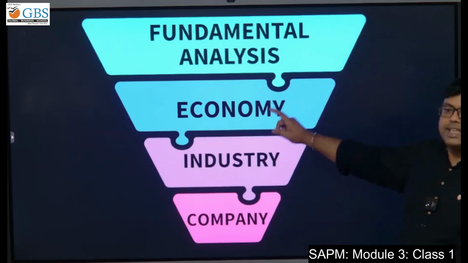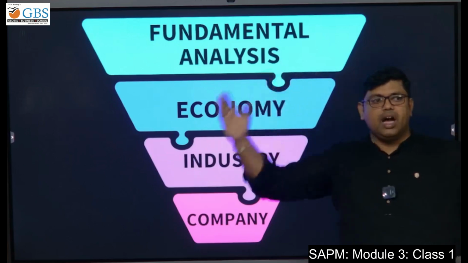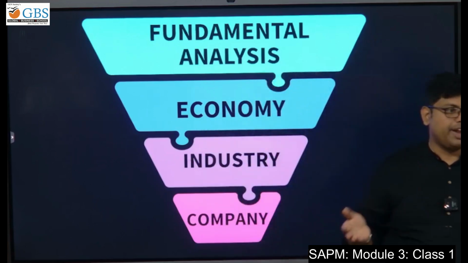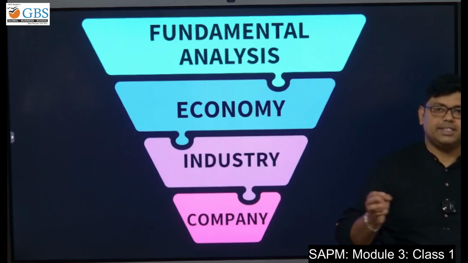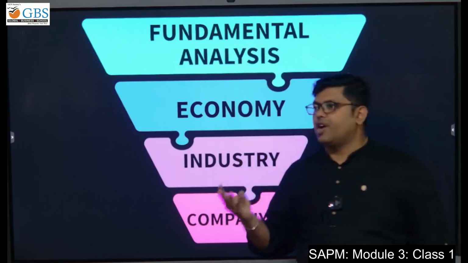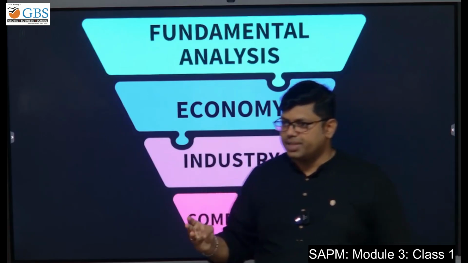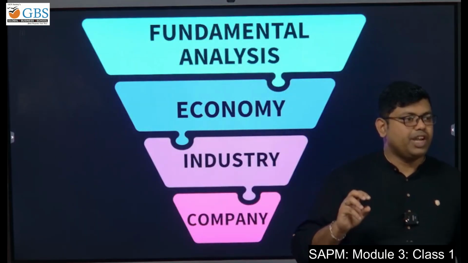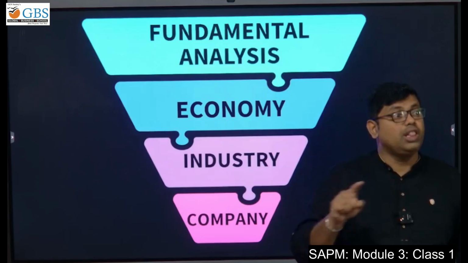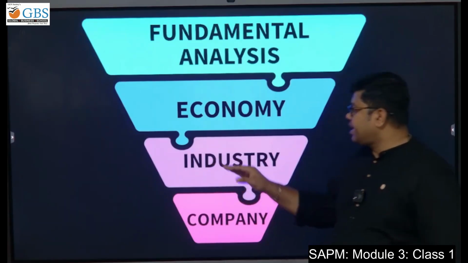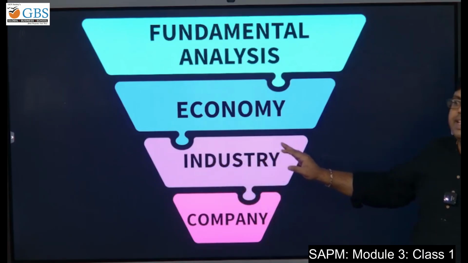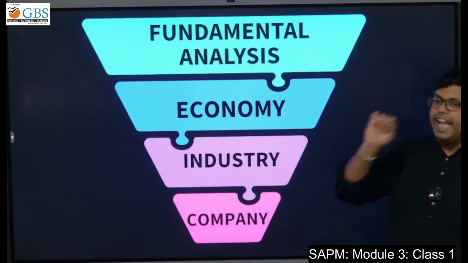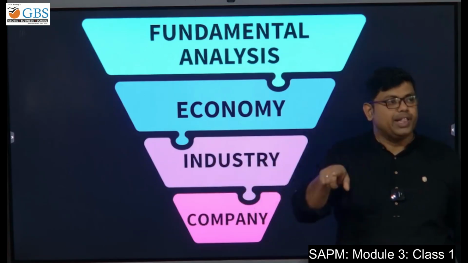It is a broader sense, that is the economy of that particular country or nation. We are going to understand the economy of that particular nation. Then if we are choosing any company scrip, we are going to understand the industry as a whole. That is the second step, that is industry. And the last one is, in specific, that particular company.